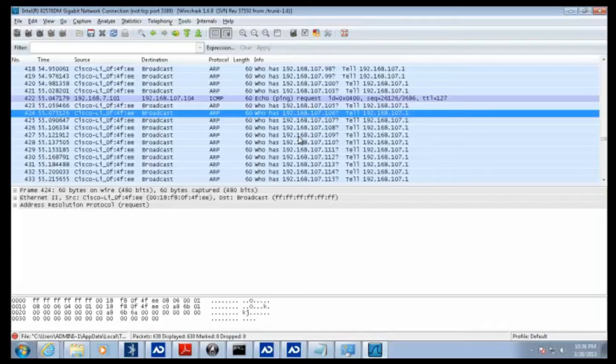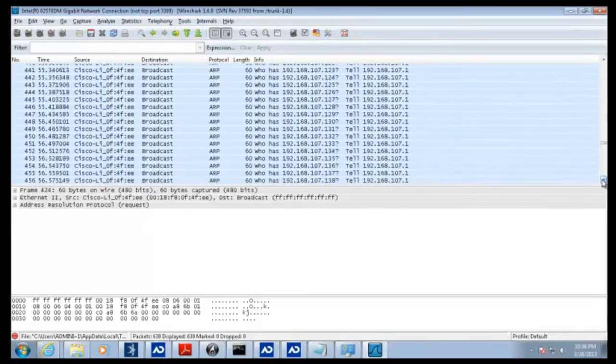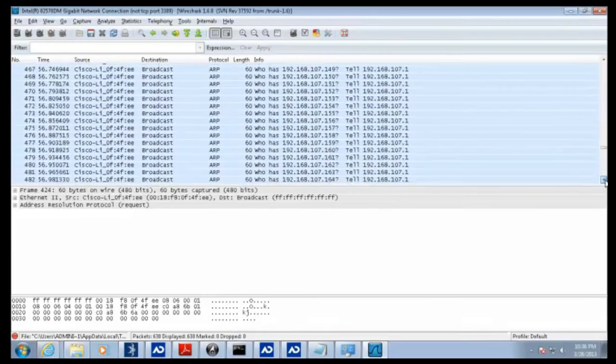In this case, we ran a ping sweep from another network, sweeping this network, and it generated all these ARP broadcast packets. So if you see this, this tells me that there's some sort of sweep going on. Somebody's probably looking for live machines, and you'll see this very, very frequently on public networks. These successions of ARP packets.